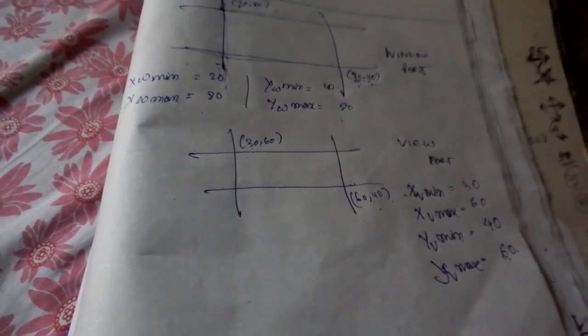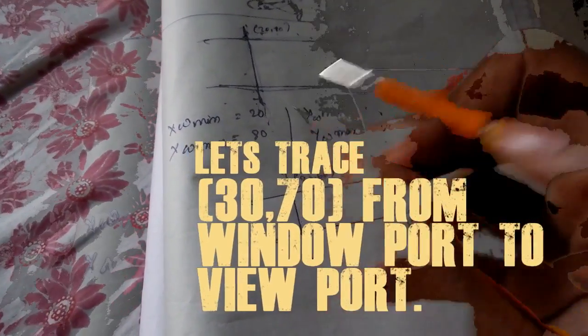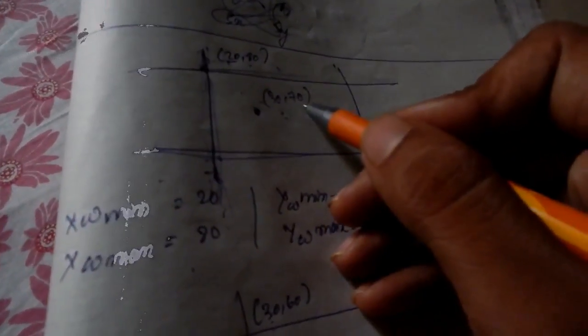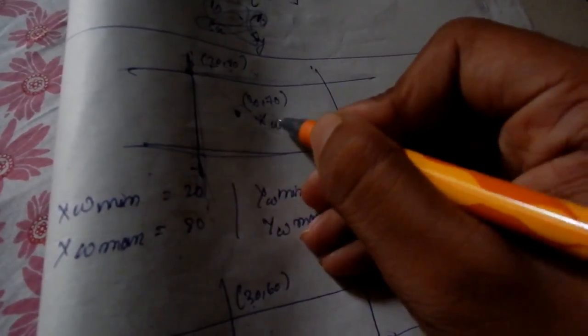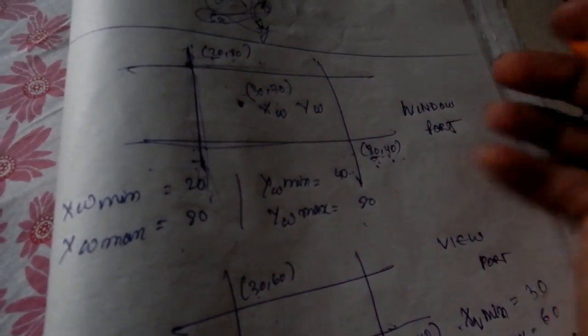So we have it now, and we are going to find the coordinates of certain points that we are given. These are my xw and yw. So xw is 30 and yw is 70.